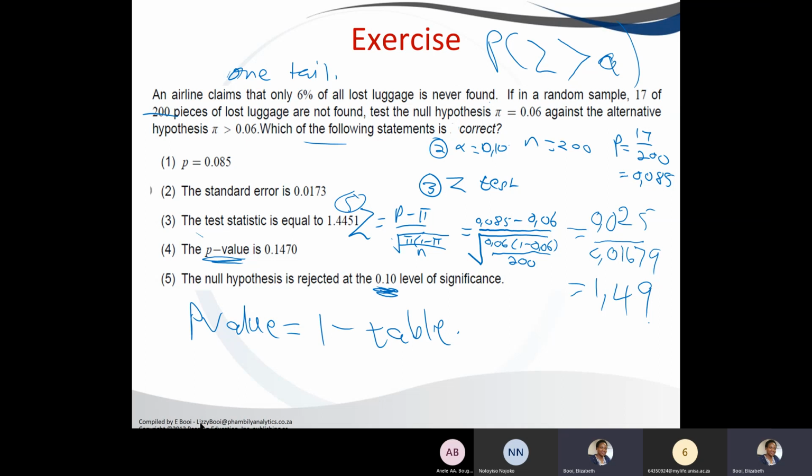So go into the Z table and I look for 1.49. The table disappeared on me. 1.4, and then 9 is the last column. So it makes it easy, I hope, because my hand is not going straight. And the answer here is 0.9319.